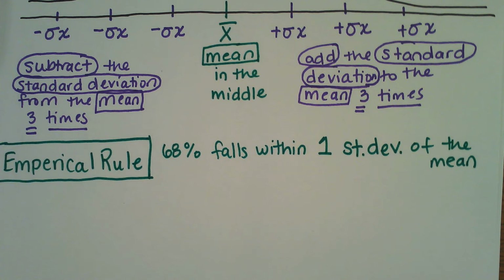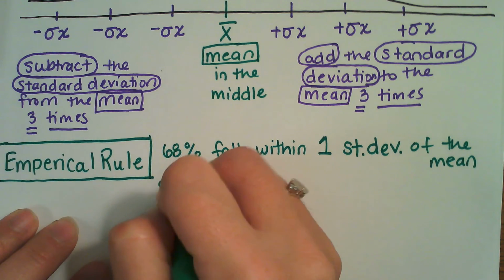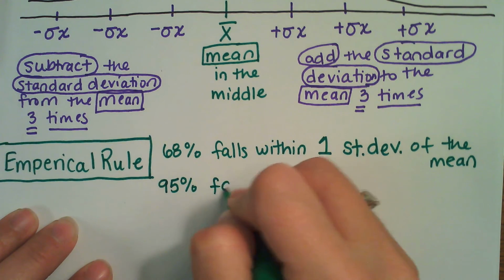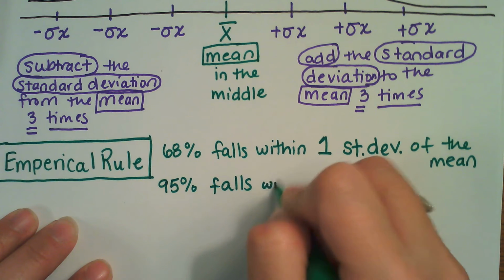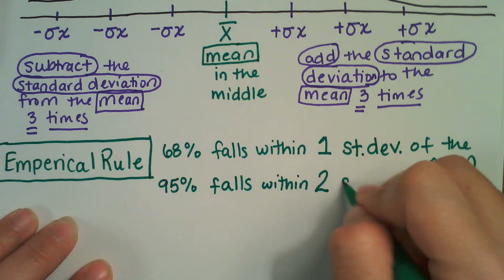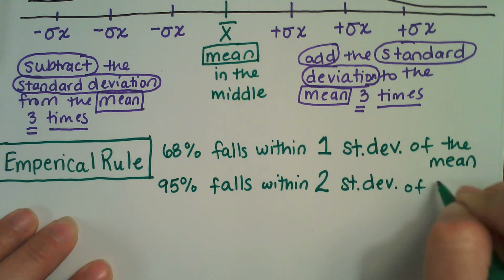So most people should fall within one standard deviation of the mean. And we'll look at that in heights in just a second. 95% of data falls within two standard deviations of the mean.